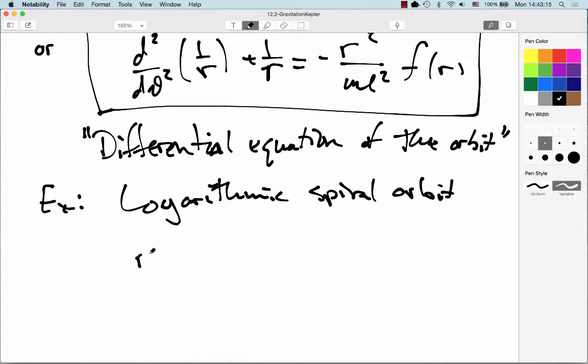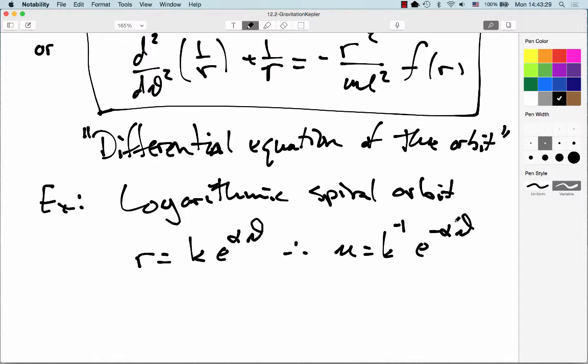So you would write that as r is equal to some constant k times e to the alpha theta. So u would be k to the negative 1 e to the minus alpha theta.